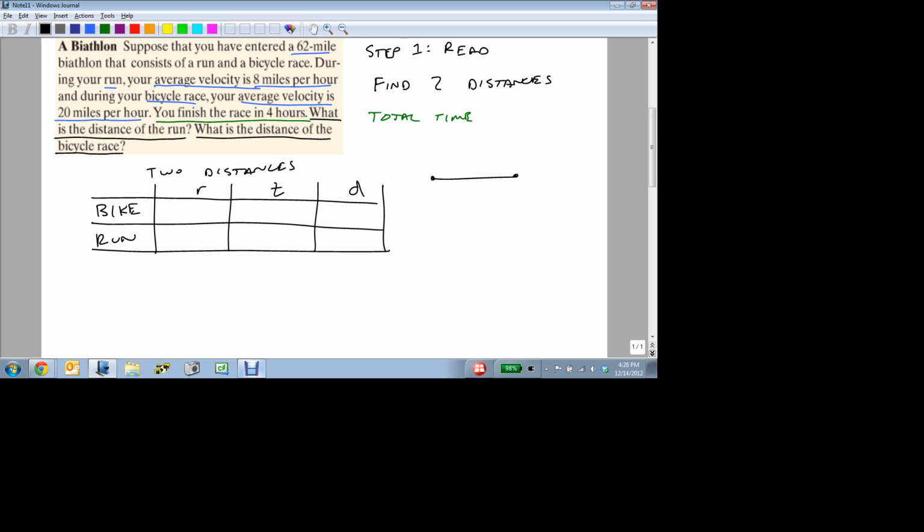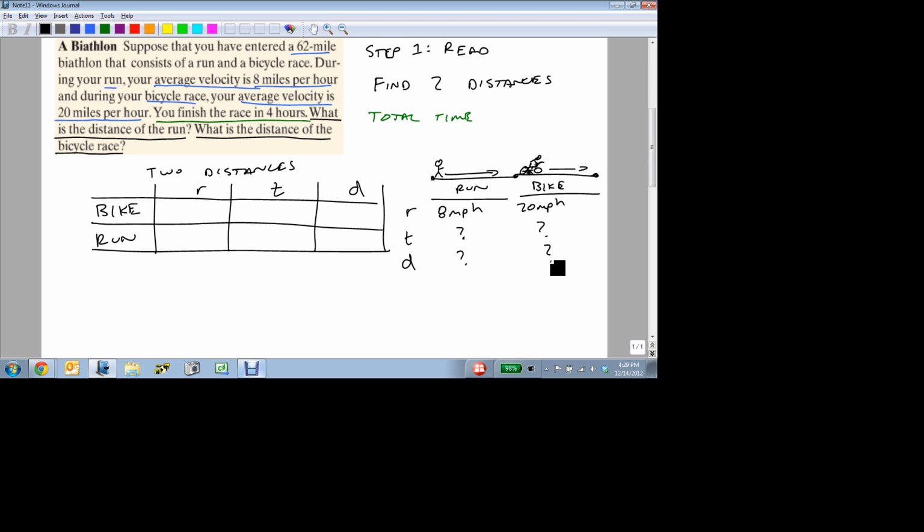So we've got our run, with us running as quickly as we can, and then we've got us on a bike trying to cover this distance. And so we know we've got a speed of 8 miles per hour here and 20 miles per hour here. This is our rate. We don't know what our time is, and we don't know what our distance is.